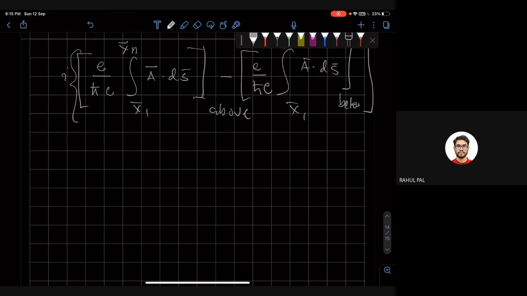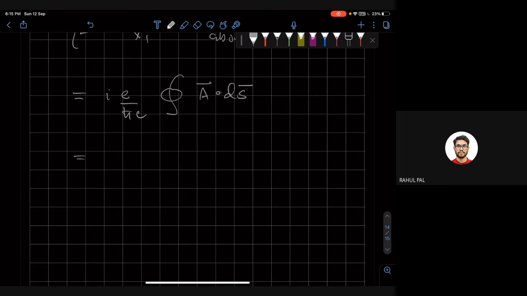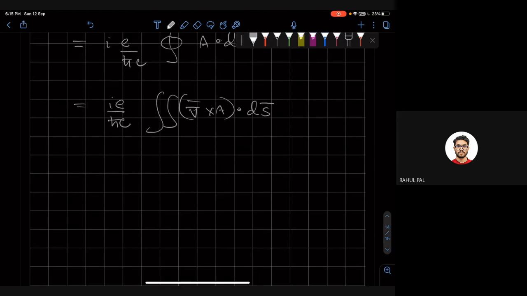But together, this is just a closed line integral, right? And then we can use Stokes' theorem, and this just becomes the curl of A through the surface that is enclosed by this path.